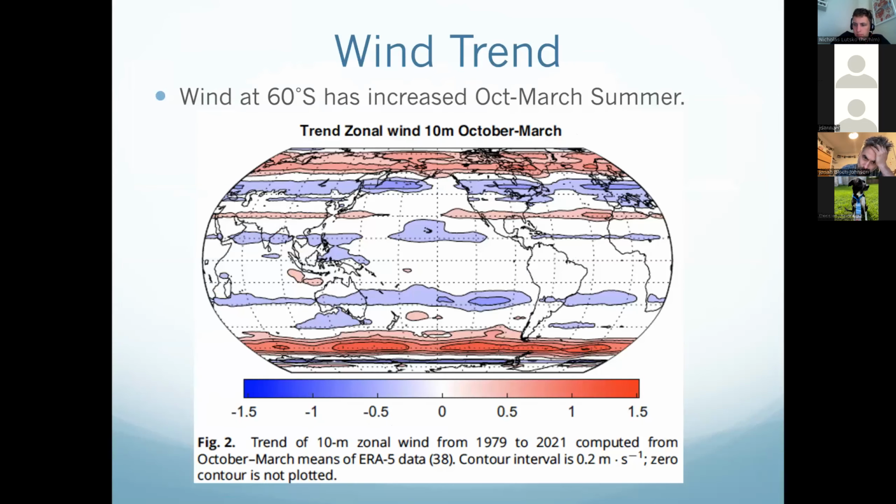So I got the idea then, well, the winds at 60 South have increased over the last 40 years. People believe mostly because of the ozone hole.